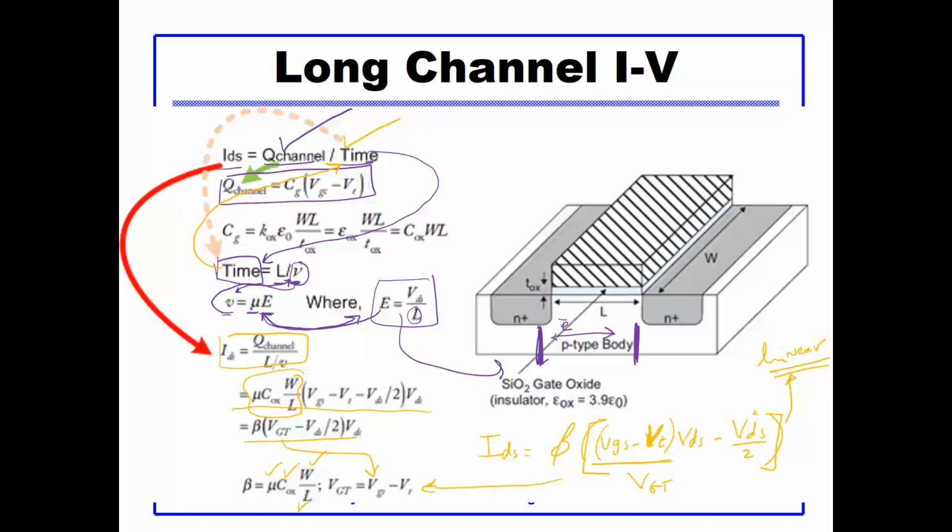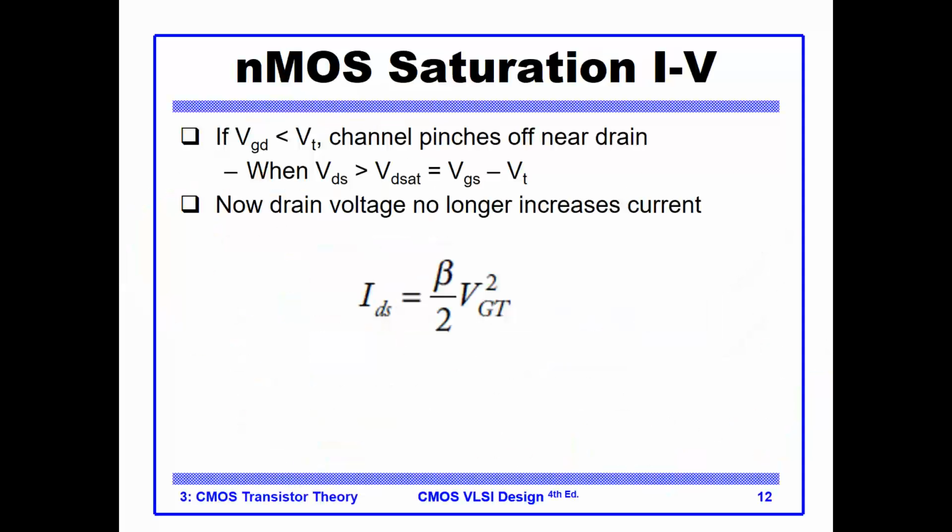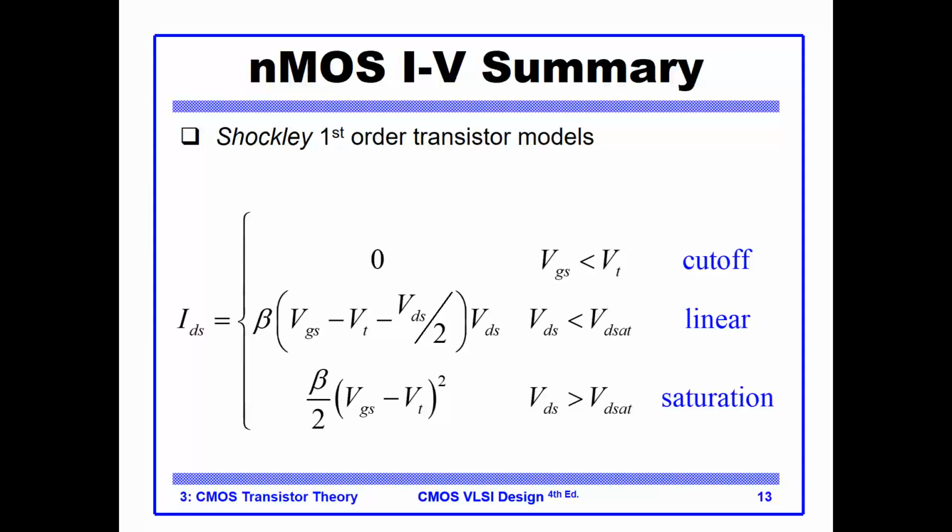Now let's move on. Again, we have seen that in saturation we need to take care of business here. But to sum up, this is the current equation for the linear and for the saturation.